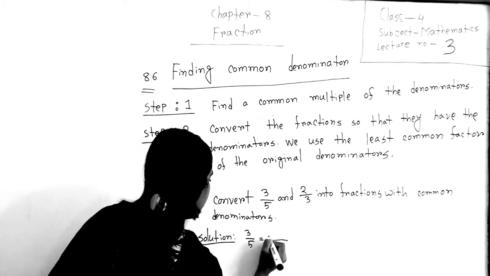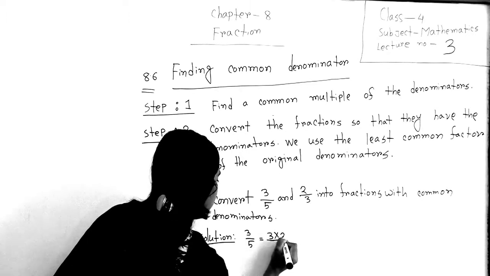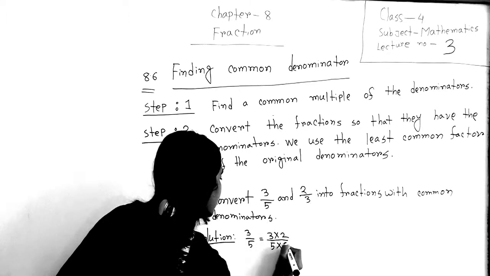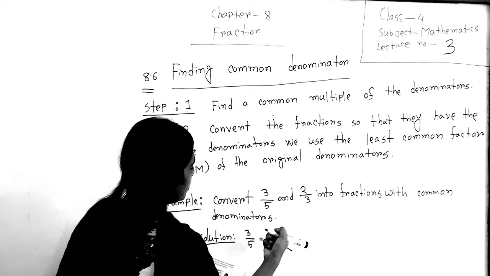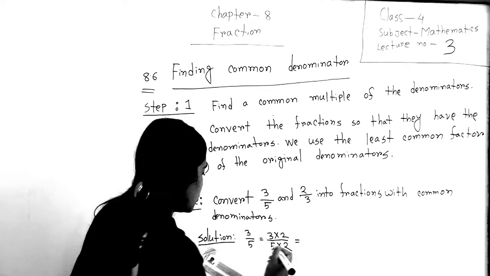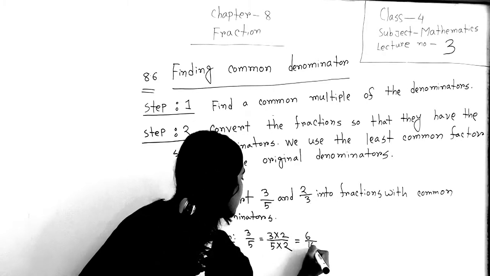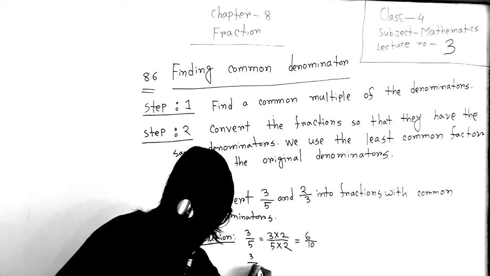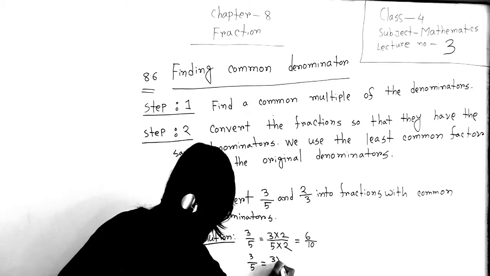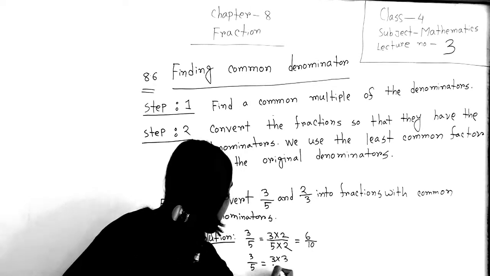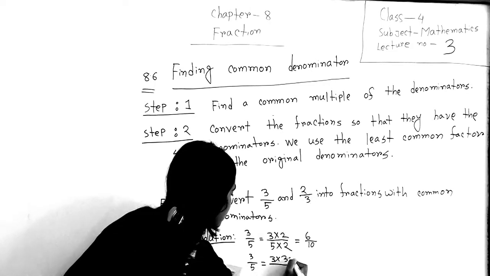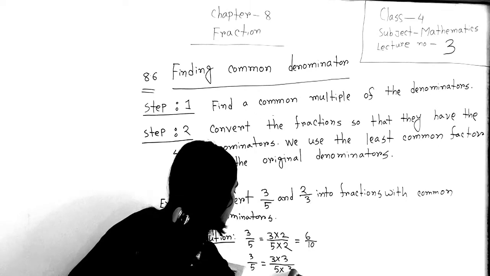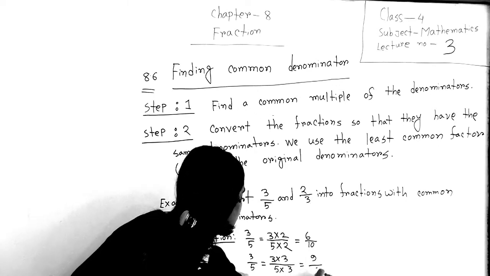So 3 is multiplying the same number, 3 is multiplying by 2, and 5 is multiplying by 2, and get result 6 divided by 10. 3 divided by 5 equals, 3 is multiplying by 3 and 5 is also multiplying by 3, and get result 9 divided by 15.